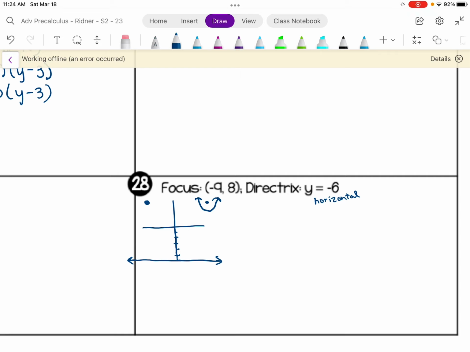So midpoint, what do I do? Think about 8 and -6. You add them together and divide by 2. That puts me at 1. So it's going to be the same x value, -9, but it's going to be 1 as my vertex. That's my sketch there.